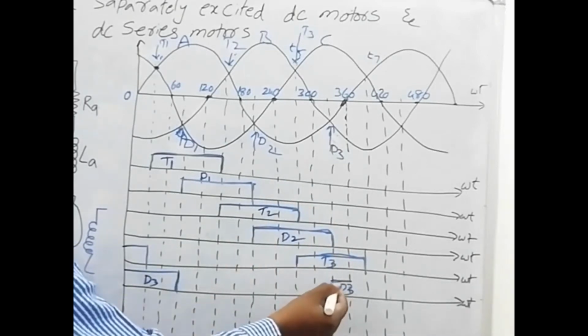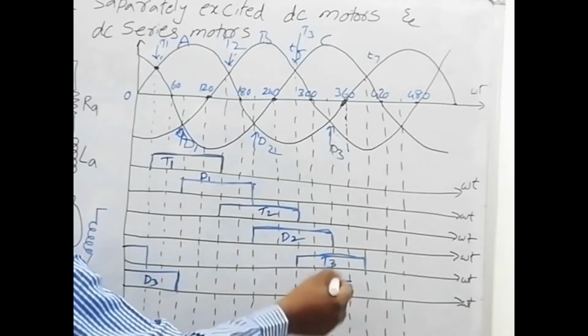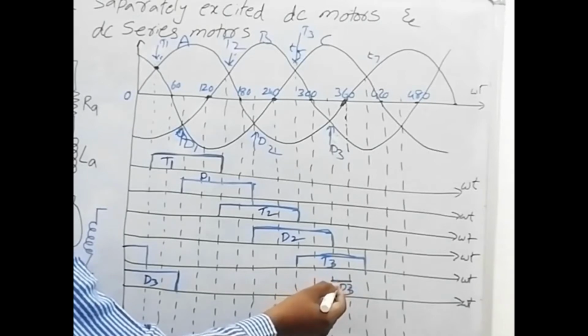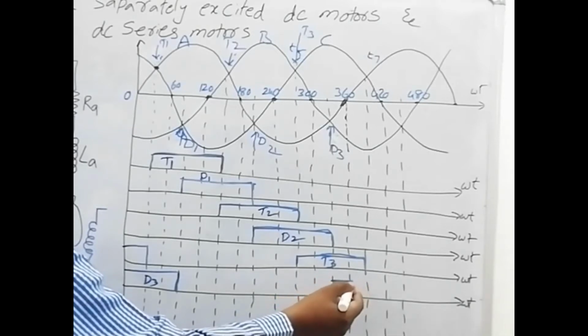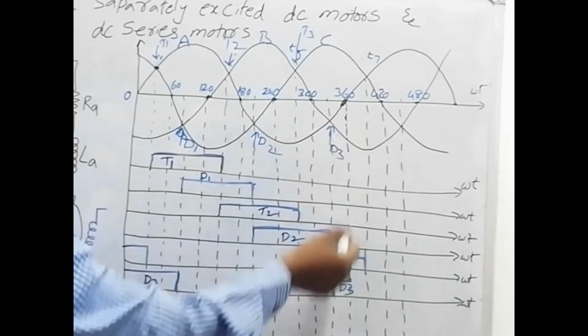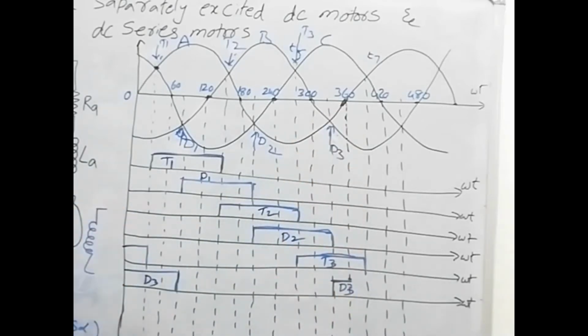Similarly for D3, at T6, D3 conducts. But after this, observe here, the 360 degrees cycle is complete, so you have to come back like this.